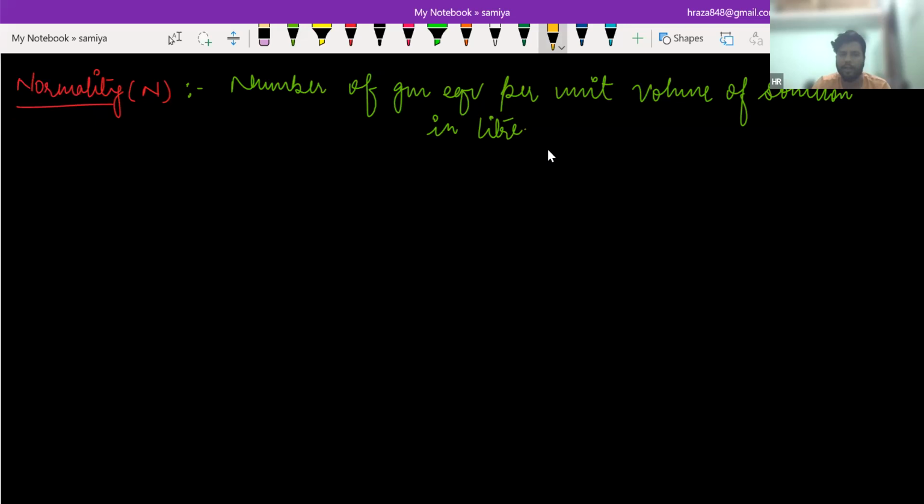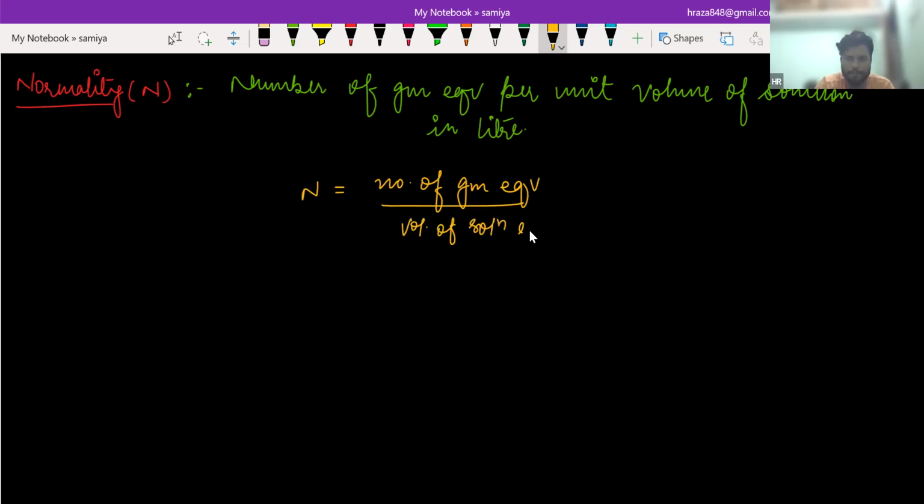If you express it as a mathematical formula, normality equals number of gram equivalent upon volume of solution in liter.